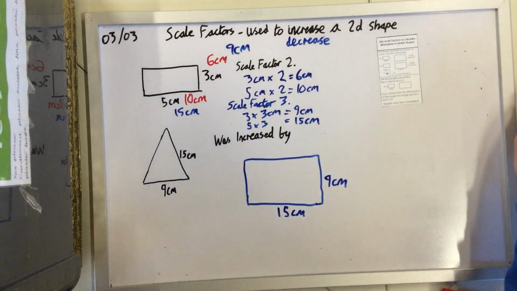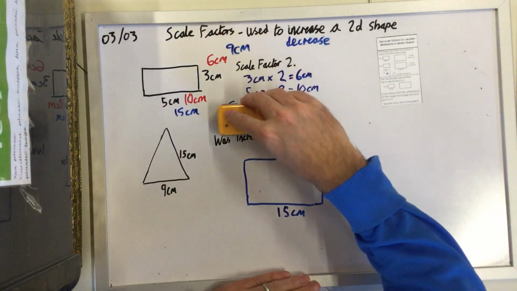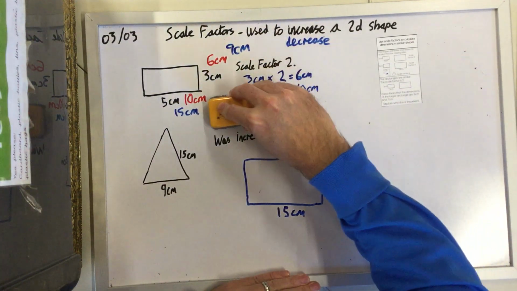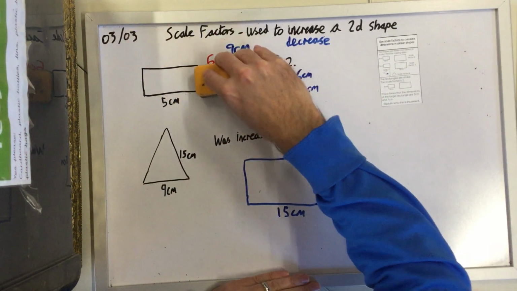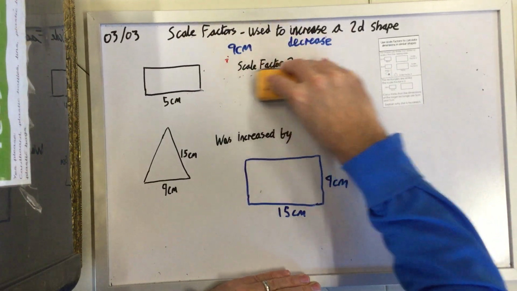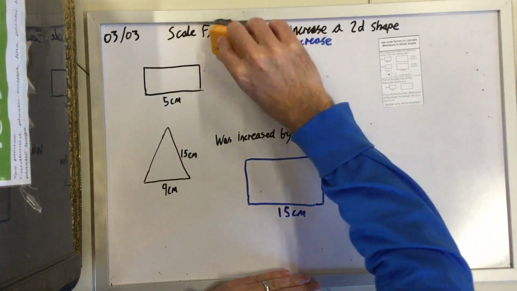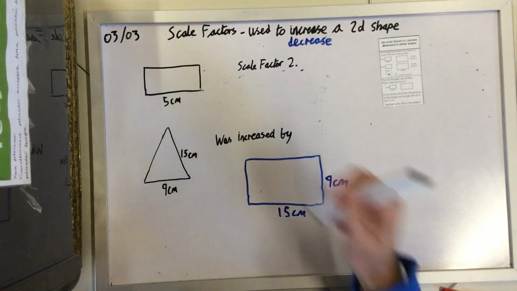Now, in the same way that you've been given your measurements and then you've increased them, it is also possible to decrease them, and it depends how the question is phrased.